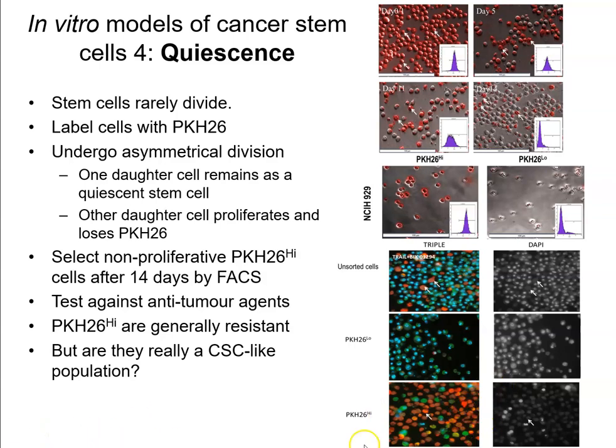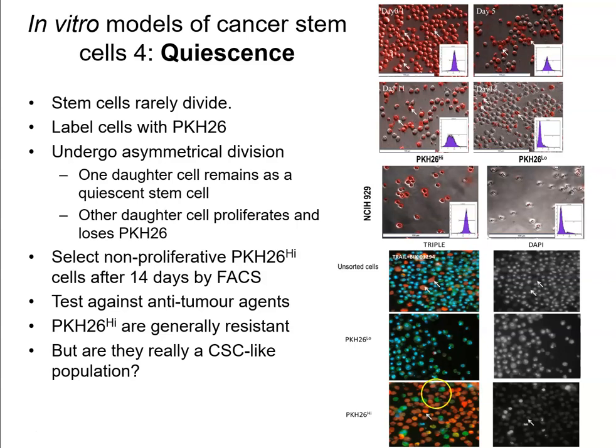Now what is really interesting about this, and I've not shown the data for this, but because this is multiple myeloma, cells are normally CD138 positive, and we know that the CD138 negative population is very, very drug resistant and is crucial for initiating relapse from standard therapies. When we looked at our PKH high cells, they were all CD138 negative.